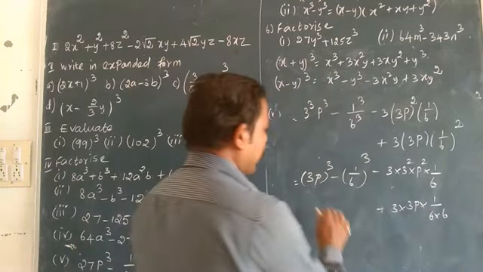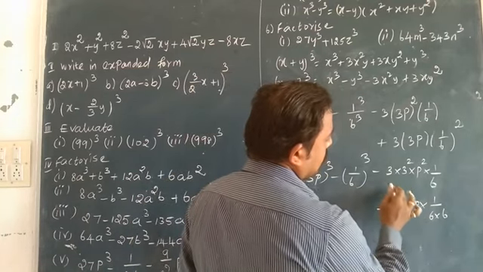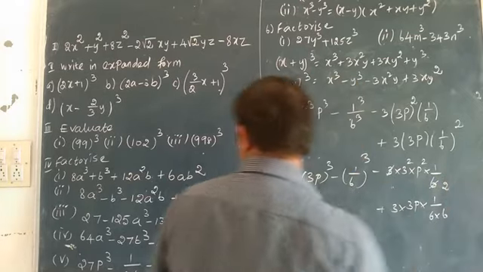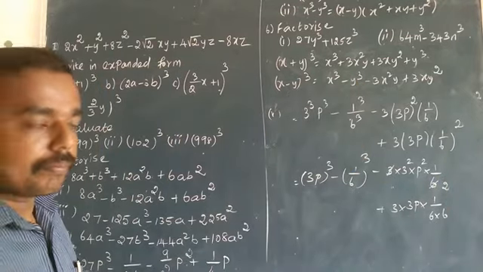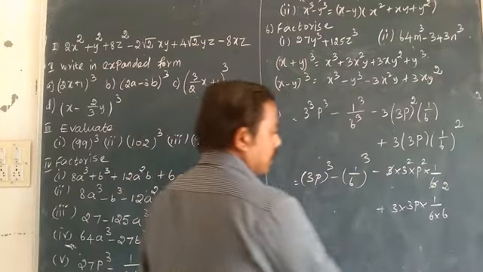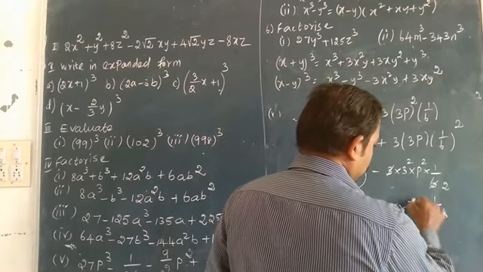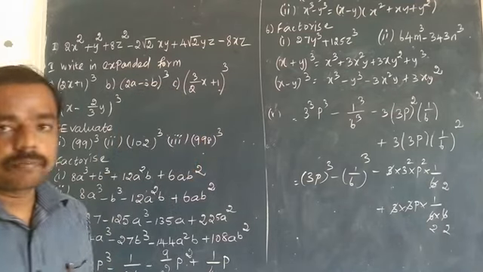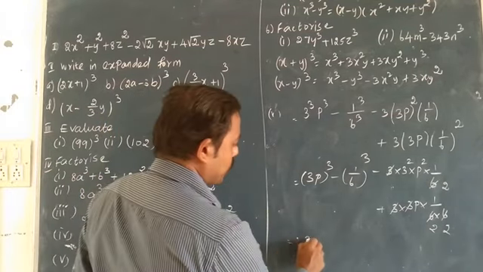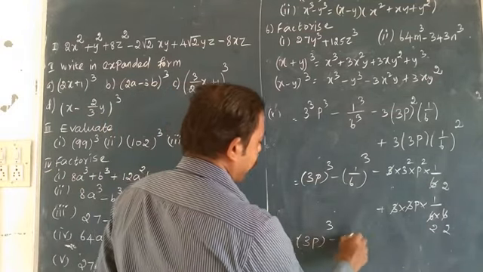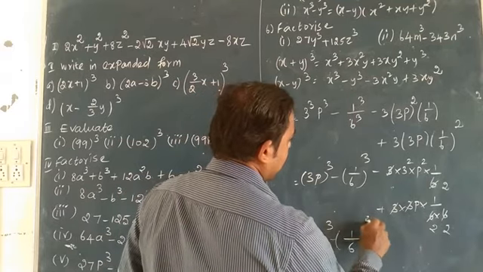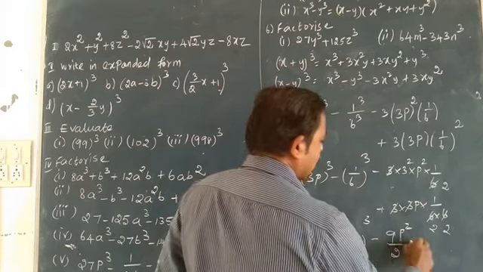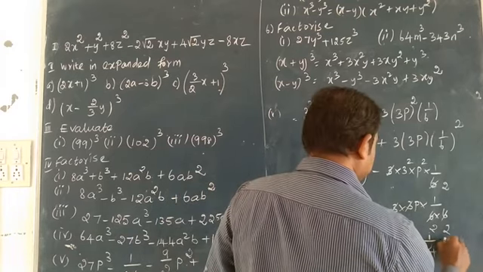So now you can cancel this term, because here 3, 2. So 9 by 2 is there. And 3 to 2, 3. So p divided by 4 is there. So this is actually (3p) whole power 3 minus (1 by 6) whole power 3 minus 9p squared by 2 plus 1 by 4p.